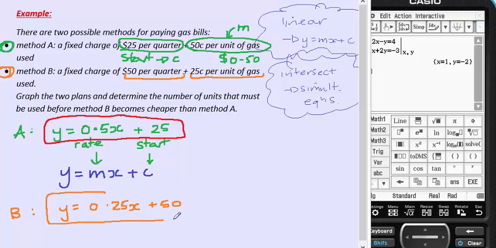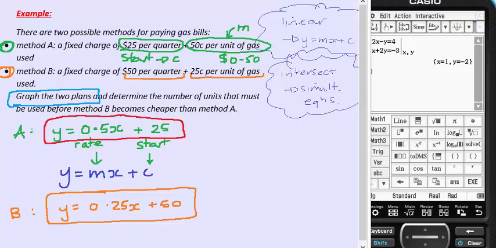So that's my equation for method B. Now, the question says I need to graph both plans and then determine which one is cheaper at what point in time. So the first thing I need to do is graph, and then I need to find the intersection.